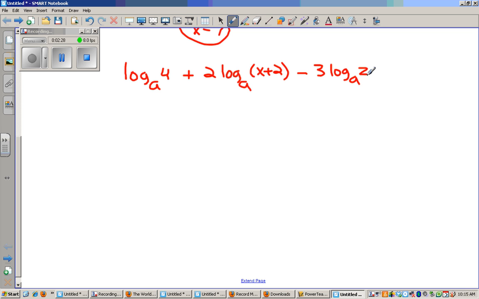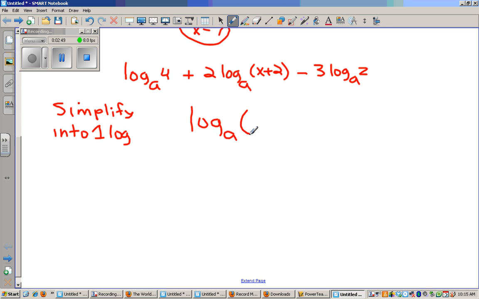Do you remember how that goes? So we can simplify into one log. And how does that look? Log base A of, how do we do this?